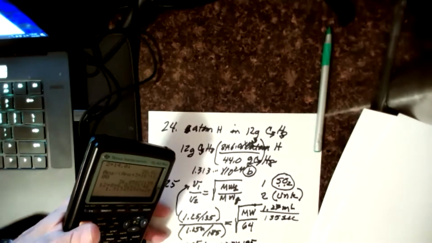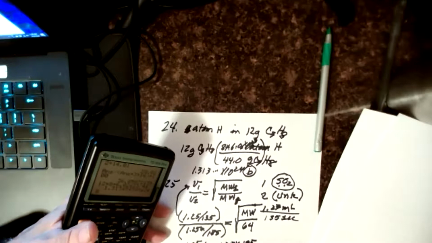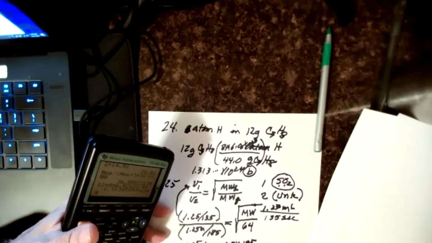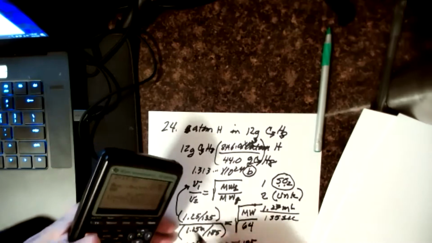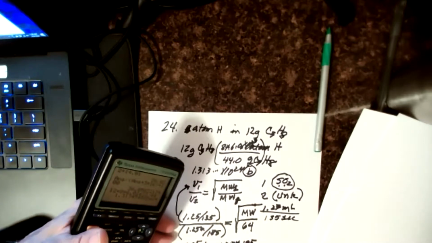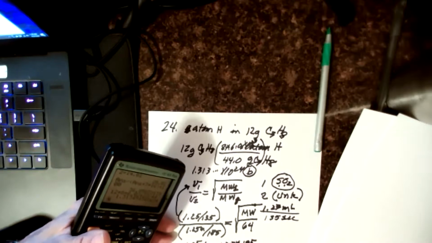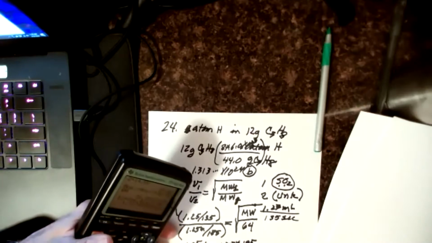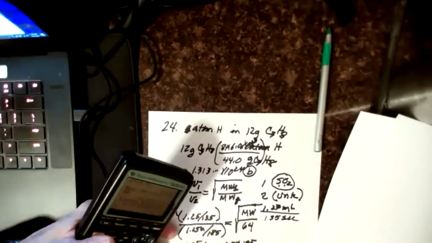Insides go to the denominator, 135 and 1.25. Now, you can see the 1.25s are going to cancel. So this left-hand side becomes 185 over 135, like that. And that's going to be the square root of molecular weight divided by 64.